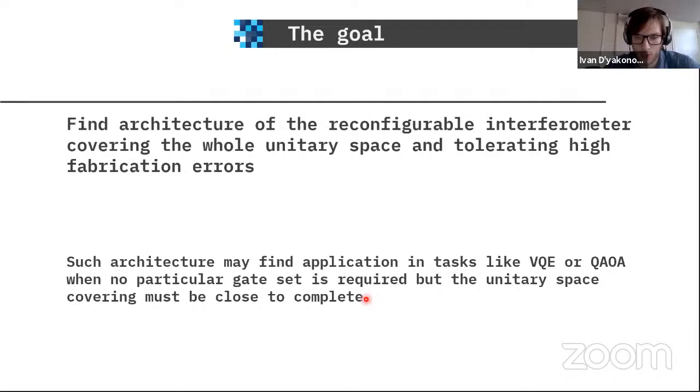They search through the space of states and find the state which optimizes some kind of problem, for example, minimizing the energy of some molecule or some other compound. That's why the optical circuit, which is used in such an experiment, should cover the whole unitary space, thus allowing to reach any particular state to probe this minimization objective.